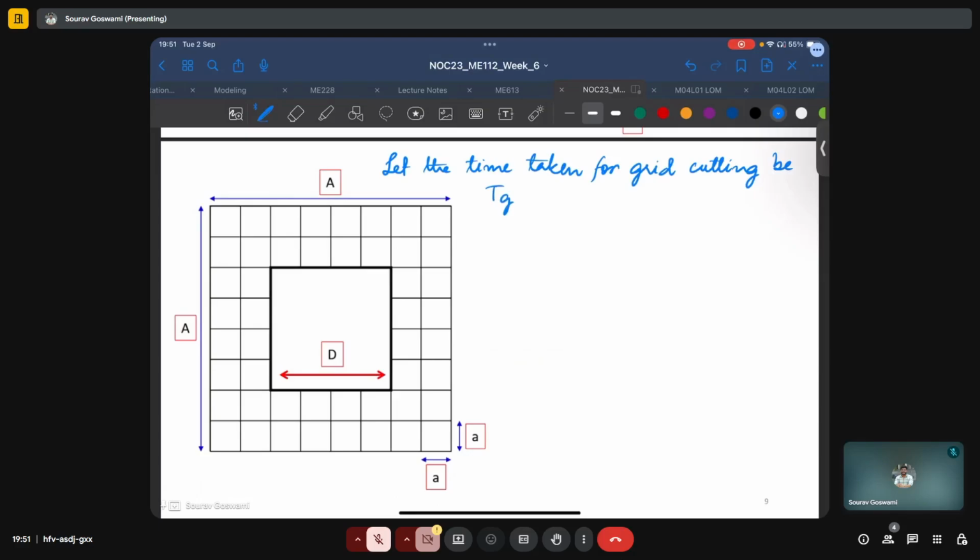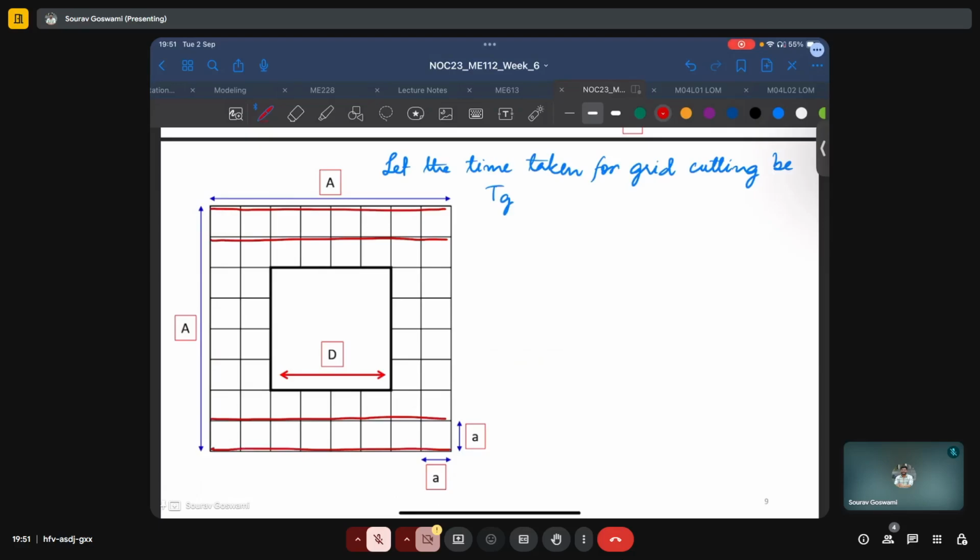What is that time? For grid cutting, we'll have to scan say all of these lines, and since nothing specific is being told about the parting cut, we can take that as part of grid cutting as well. Essentially, what we'll be scanning are these lines that I'm now highlighting in red.